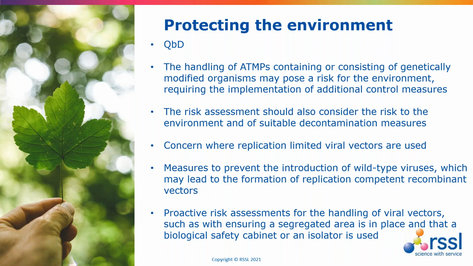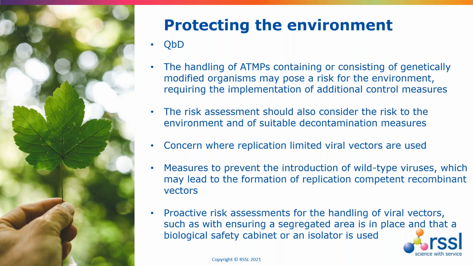The handling of ATMPs containing genetically modified organisms does, as I said earlier, pose a risk to the environment. So this requires the implementation of additional quality by design principles when the facility layout is considered. And this is from both a point of view of avoiding unintended release of materials and also in ensuring the sterility assurance of the product as well.